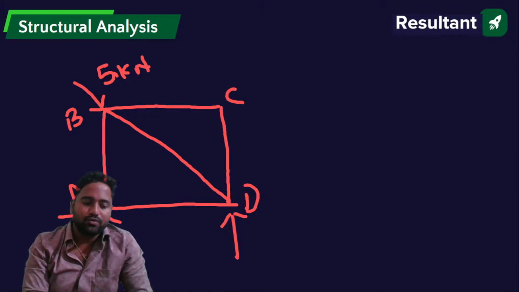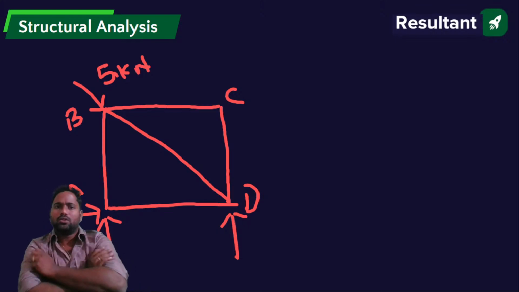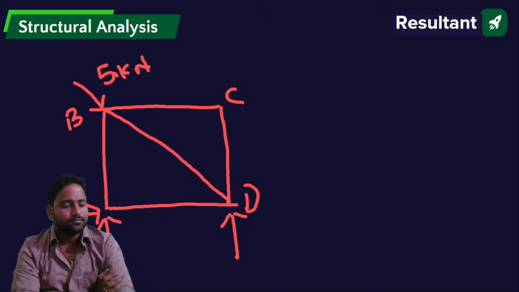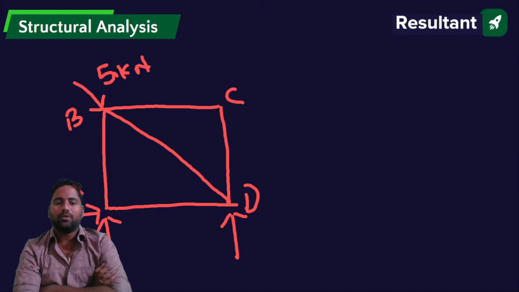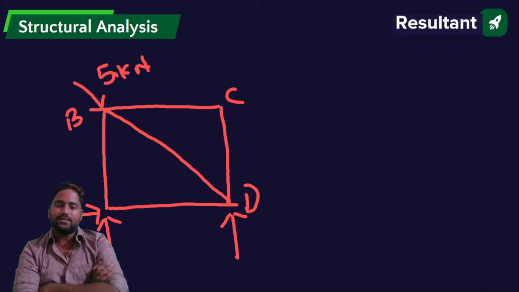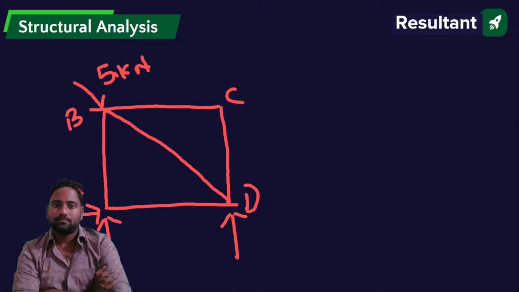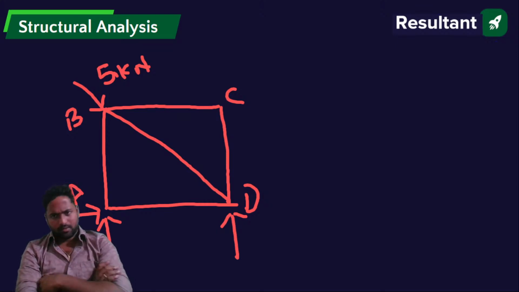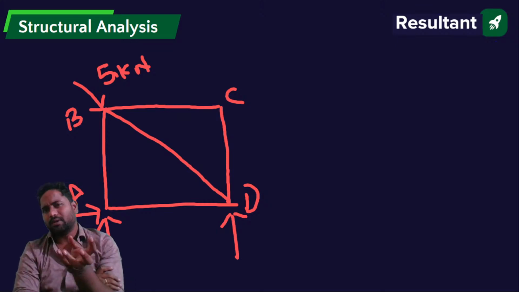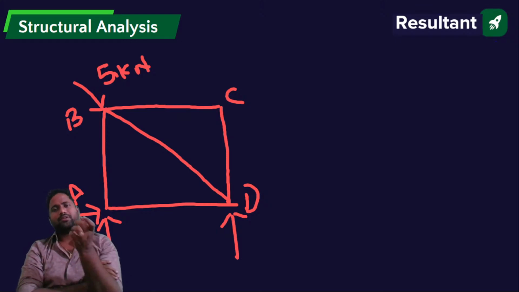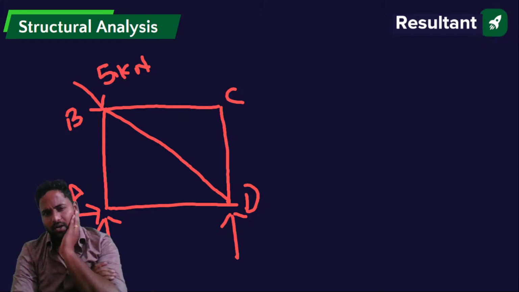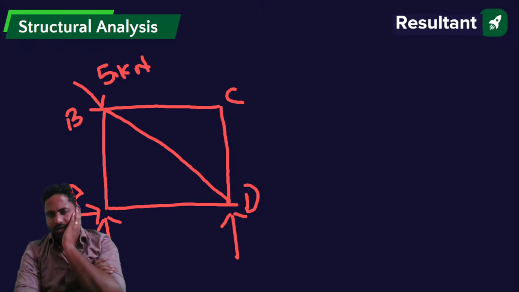Please try to solve this question and let me know what are the members that are having zero forces. Like the previous concept, you can use your method of joints and at each and every joint find the equations of equilibrium, or you can find it by another way also.